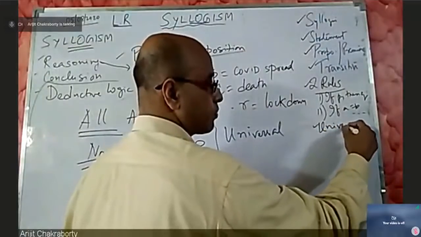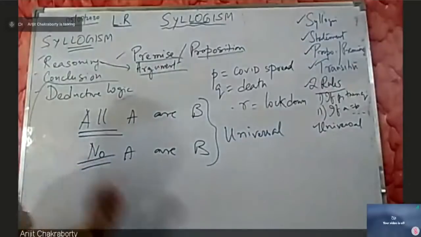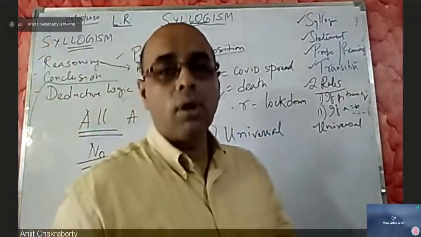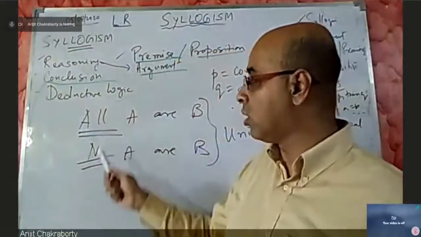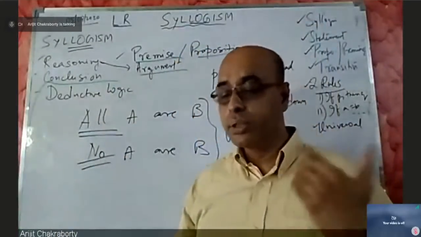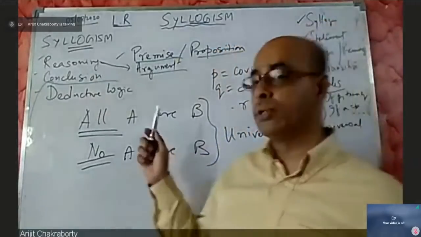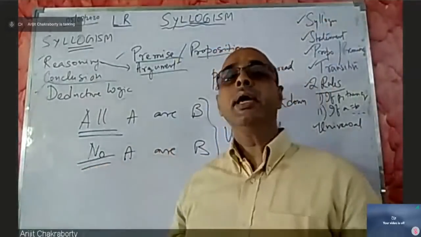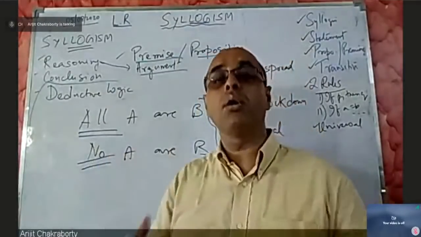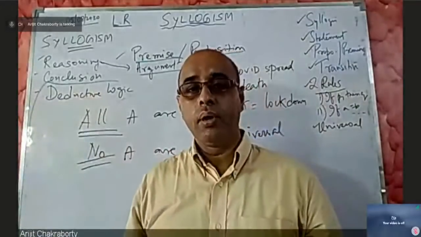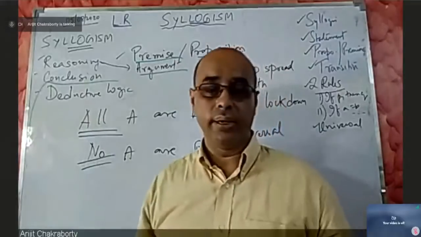Universal proposition means whenever the statement or the sentence starts with all or no, it is called a universal proposition. So there are two types of proposition, universal proposition and particular proposition. The first one is universal. Why universal? All means everybody. All means inclusive. And no means nobody.